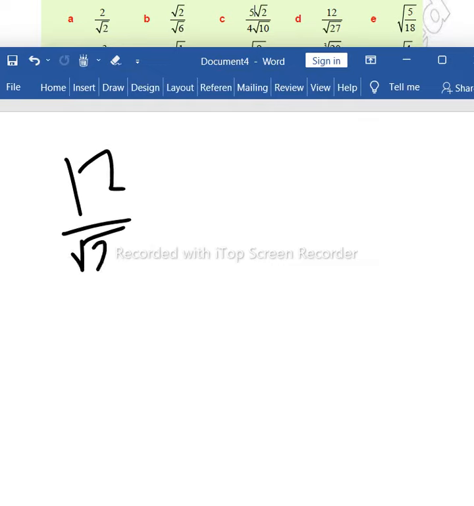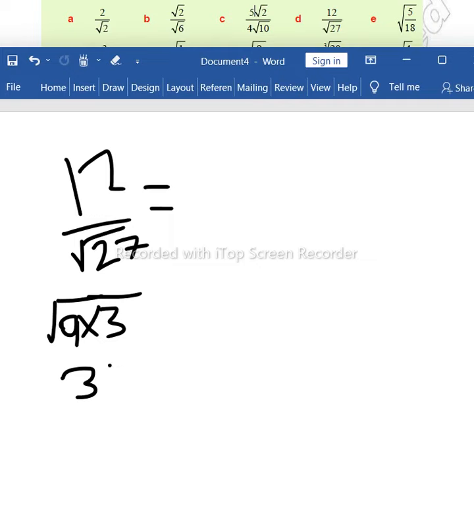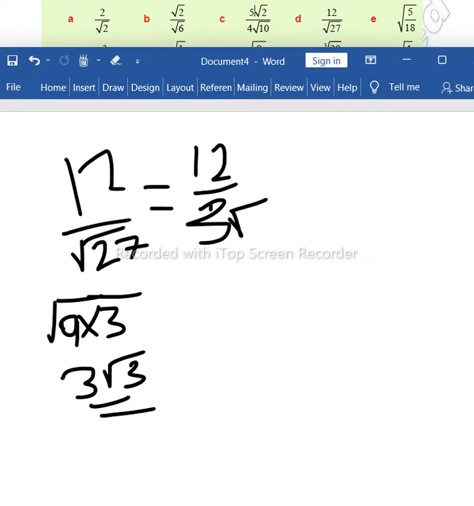We could multiply by the square root of 27, but first we can simplify the square root of 27. As we know, 27 is 9 times 3, so the square root of 9 means 3, so 3 times the square root of 3. So we can rewrite this as 12 over 3 square root of 3.